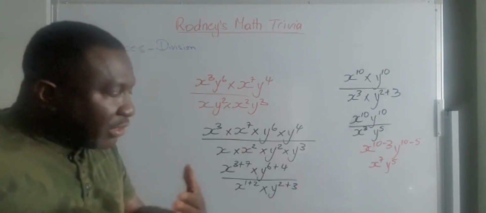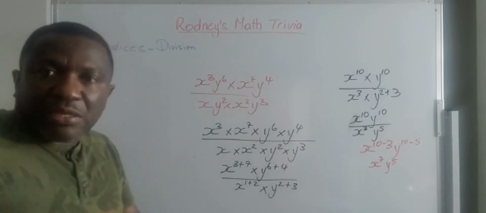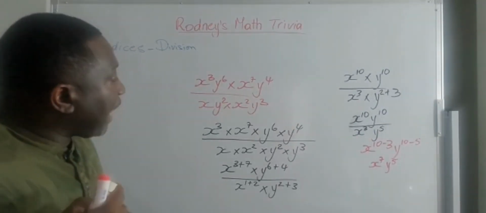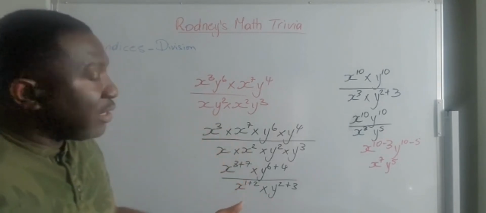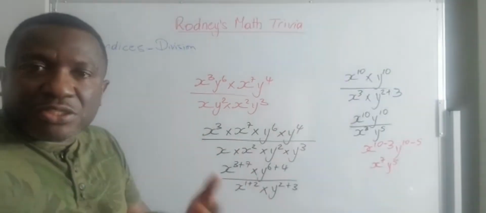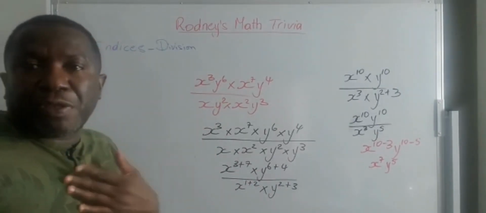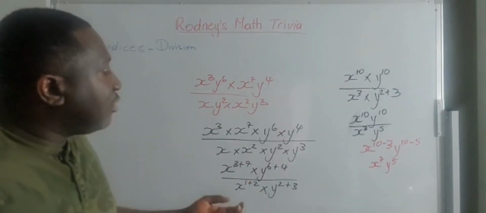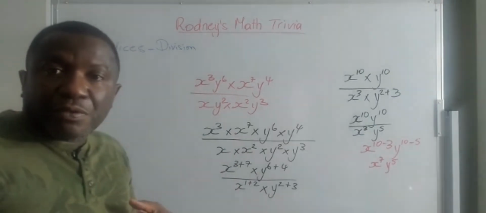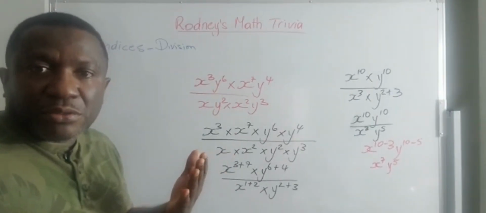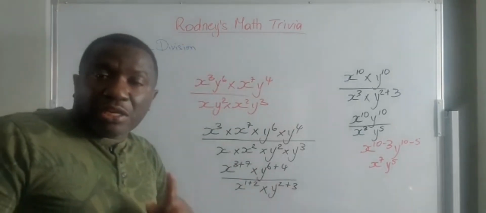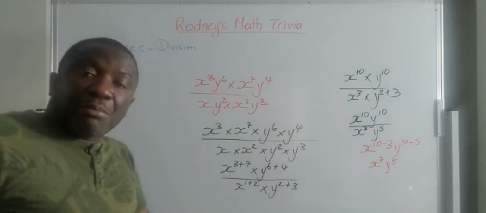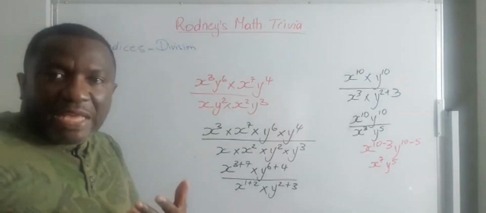We are simply going to be subtracting the indices. So in division, we are subtracting the index or indices of the denominator from that of the numerator. So guys, remember this is the second lesson on indices. As we go along, it becomes a little more complex.